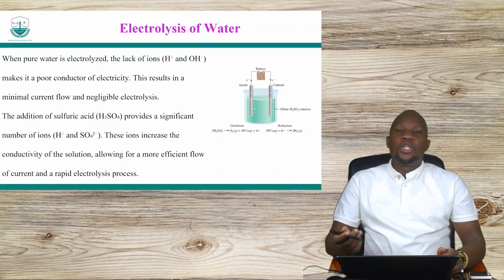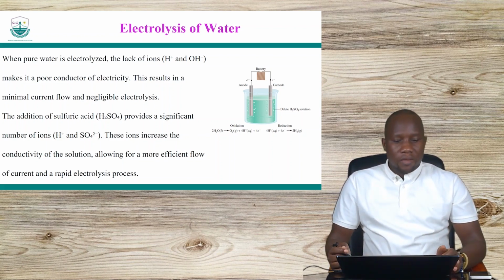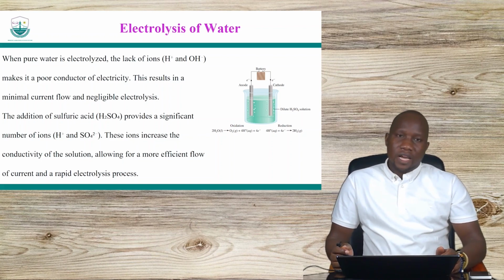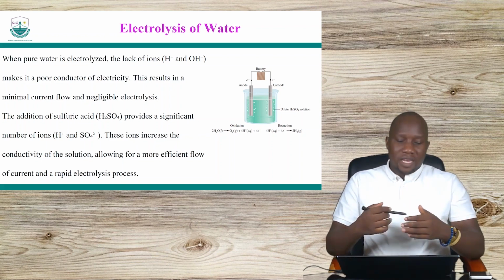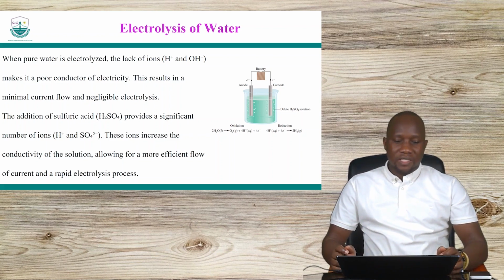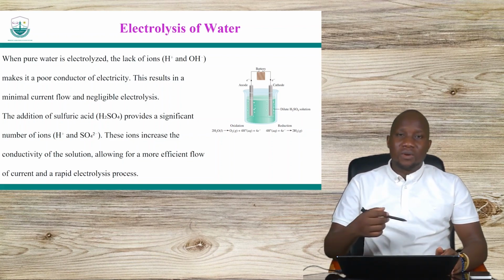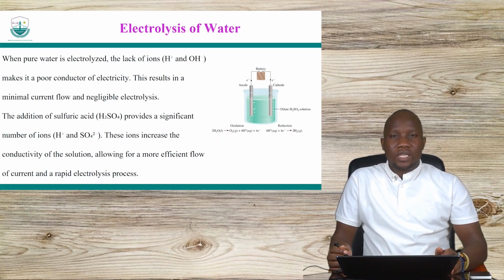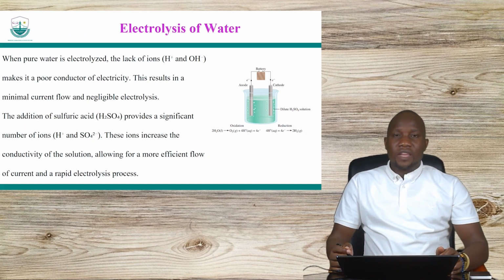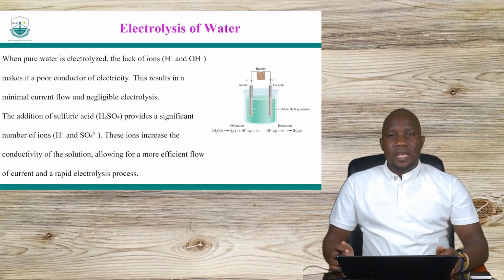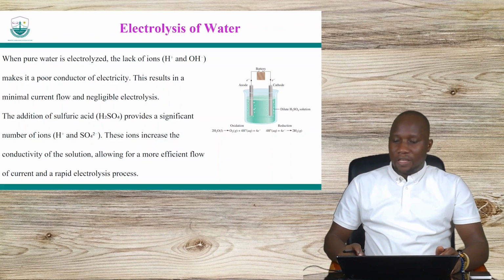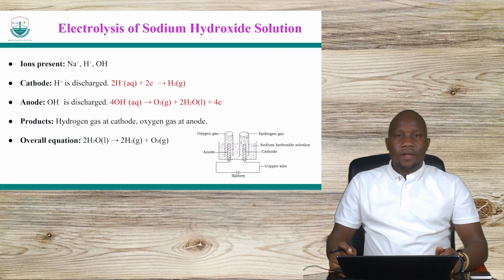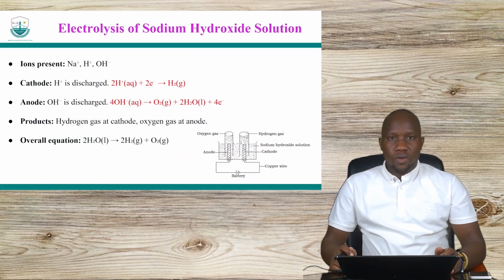Therefore, addition of dilute sulfuric acid increases the number of hydrogen ions and sulfate ions, and these ions increase the conductivity of the solution, allowing more electric current to flow and a rapid electrolytic process to happen in there.